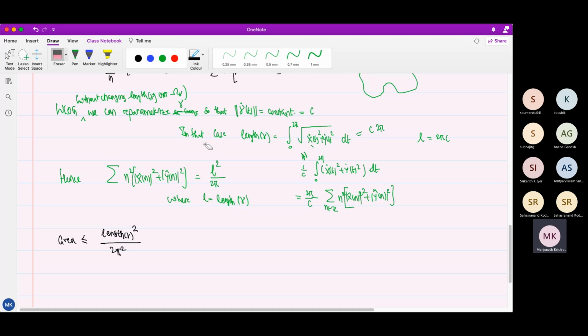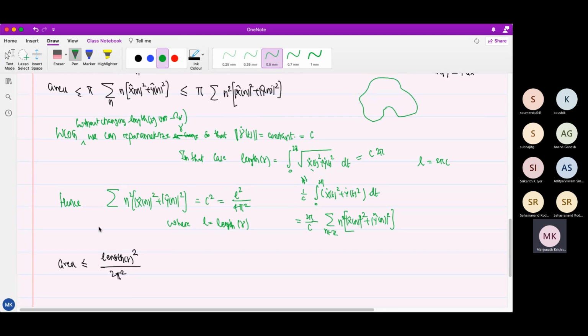This is not L squared by 2 pi. What I get is that the 2 pi cancels. This is equal to c squared, which is L squared over 4 pi squared.